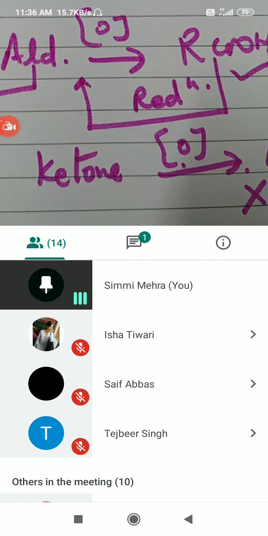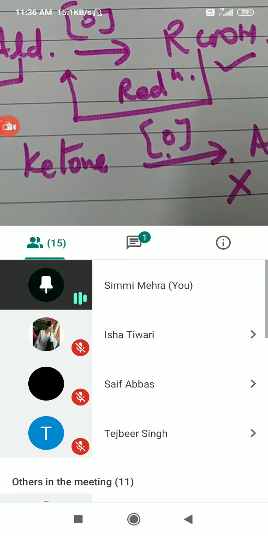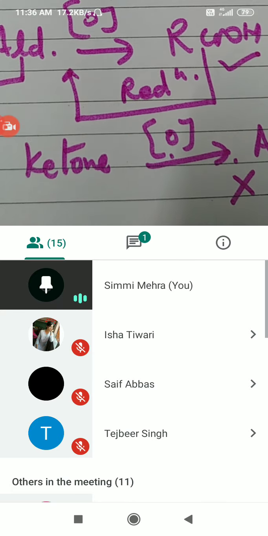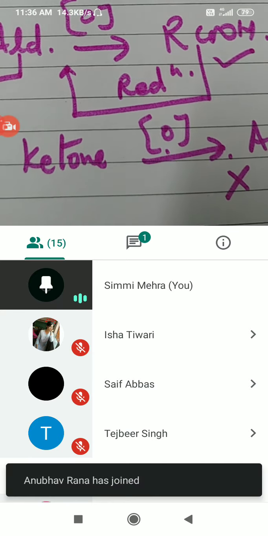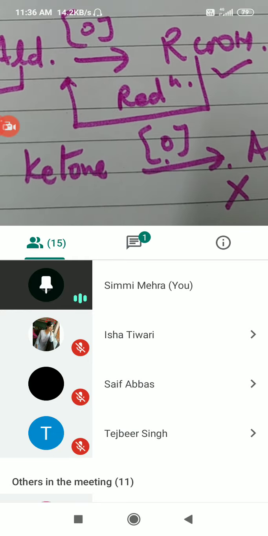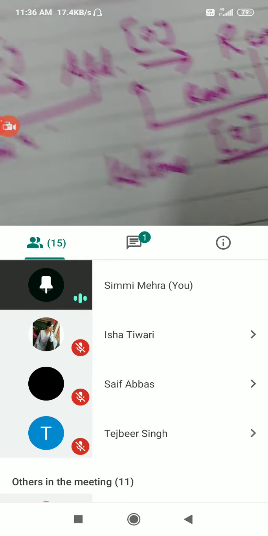An aldehyde, with the help of a mild oxidizing agent, can be oxidized to a carboxylic acid, whereas a ketone is oxidized only under drastic conditions. Drastic conditions mean high temperature and a very, very strong oxidizing agent are required. So let us see the oxidation reaction.